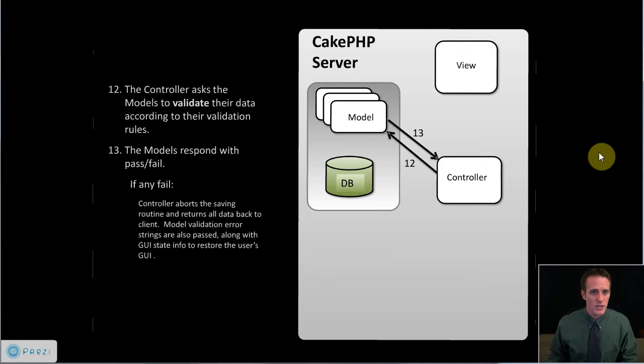Number 12. Okay, now the controller is going to ask the model to validate the data. So, in other words, the controller doesn't validate the data, but the controllers ask the models to do the validation, because the validation rules are stored there in the models. Okay.